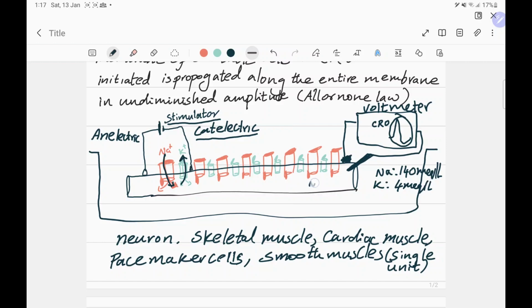And sodium in the axon is around 14 milliequivalents per liter, and potassium is around 140 milliequivalents per liter. So you need to know these values, because when these channels are opened, because of the voltage changes that take place, you'll be able to guess where these ions move.